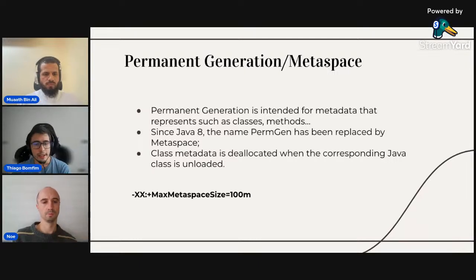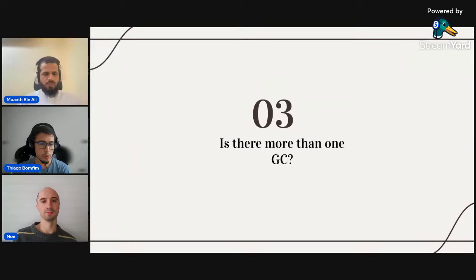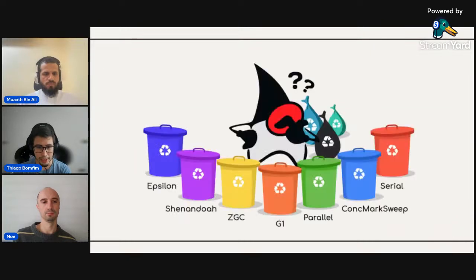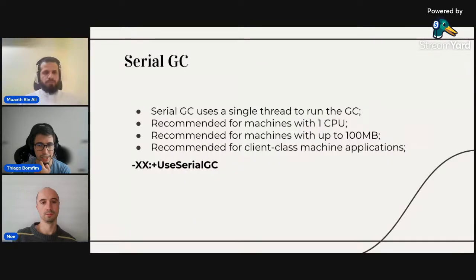Okay, let's move on. So is there more than one GC? We have already answered that. And yes, we have. Here we can see that just in this slide, we have 7, okay? But one of them is the CMS, okay? So let's talk a little about them, okay? So let's start talking about serial GC, okay?